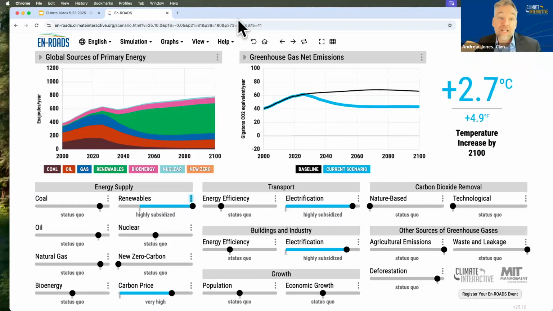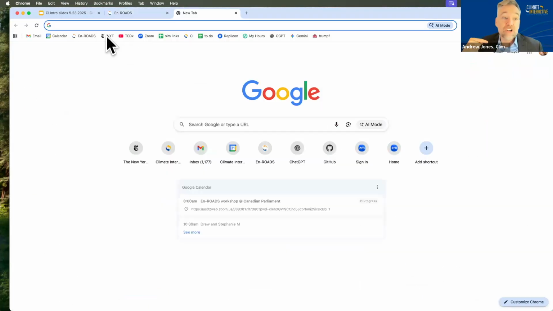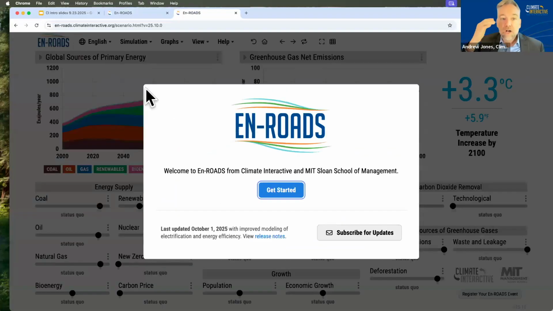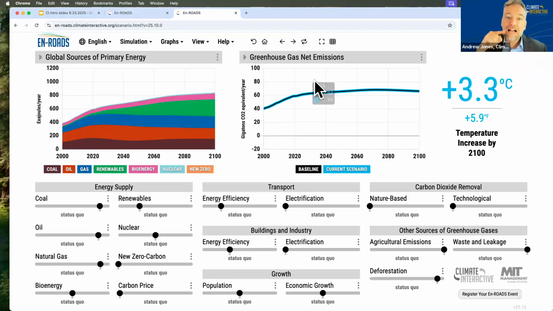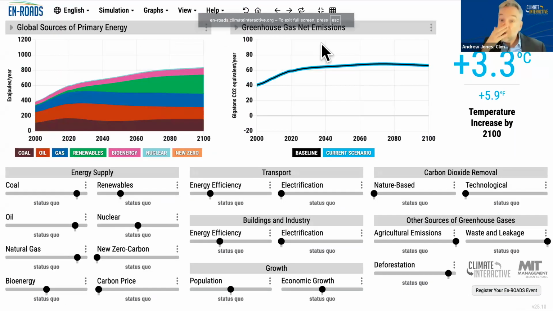I'm going to add it as its own test, but we don't have that in the global model. What we do have is gas and coal, and I assume gas is the one that's most widely used. So I think maybe I would go there.